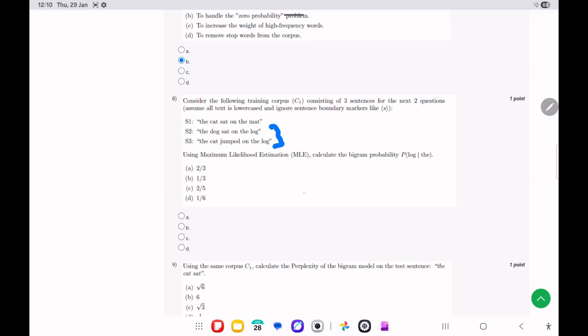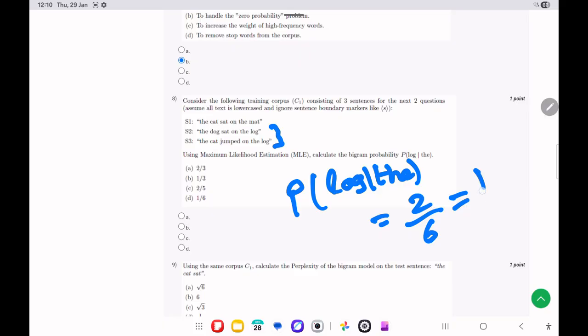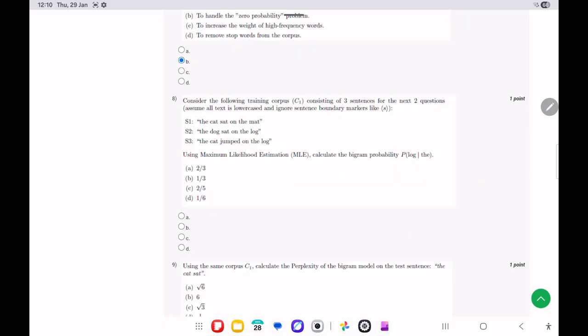So the probability of log given the is equal to 2 divided by 6, which gives 1 by 3. So the answer is option B.